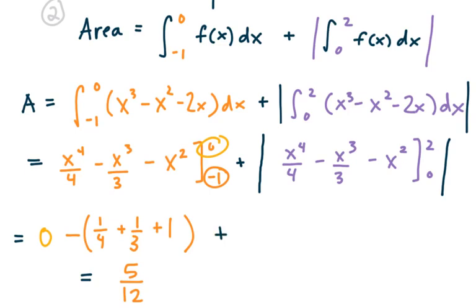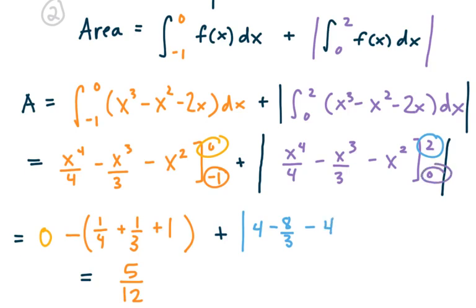So let me do my second piece. First, I'll plug in 2. Plugging in 2 gives me 2 to the 4th over 4. That is 16 over 4, or just 4. 2 cubed is 8, so minus 8/3. Minus 2 squared is 4.